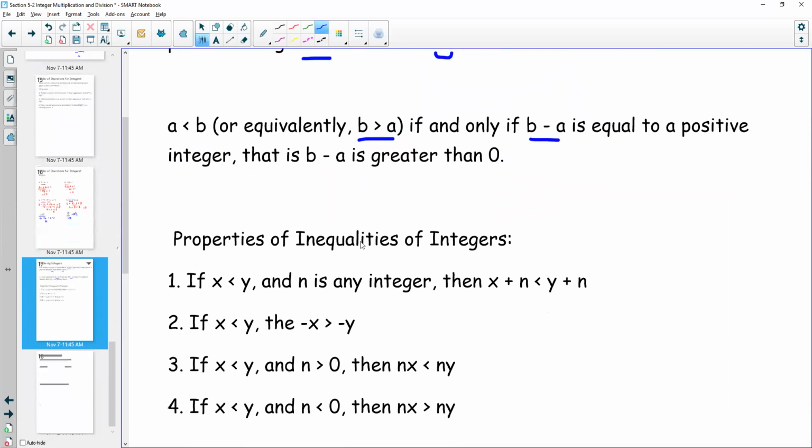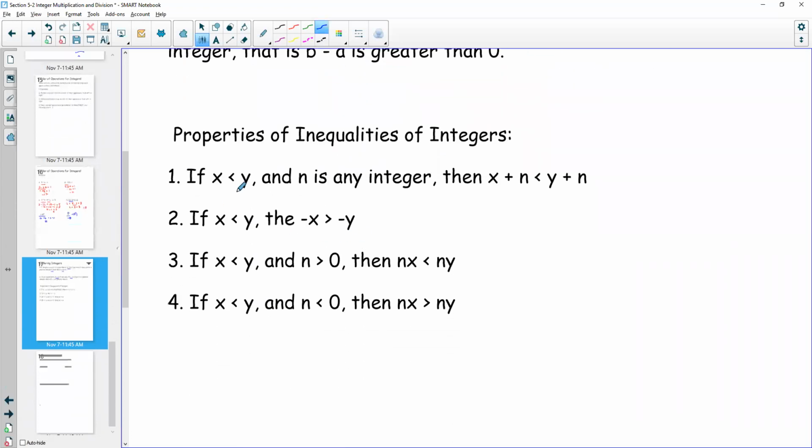So if x is less than y and n is an integer, x plus n is less than y plus n. If x was less than y to start, adding the same thing to each number makes it continue to be less than. If x is less than y, doing the opposite of everything means -x is greater than -y.